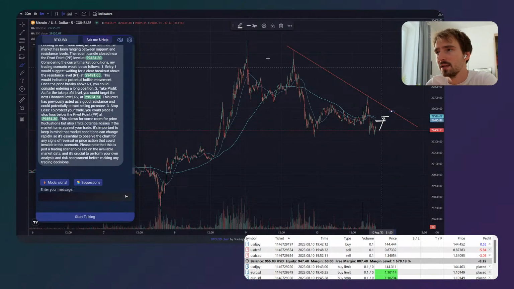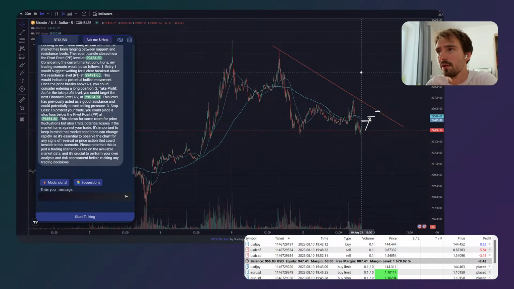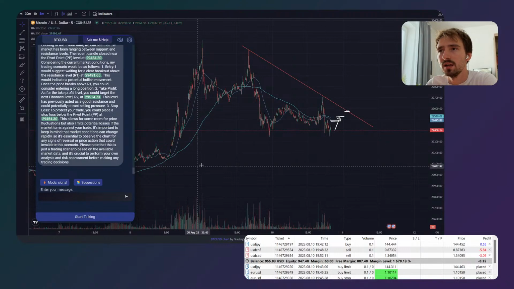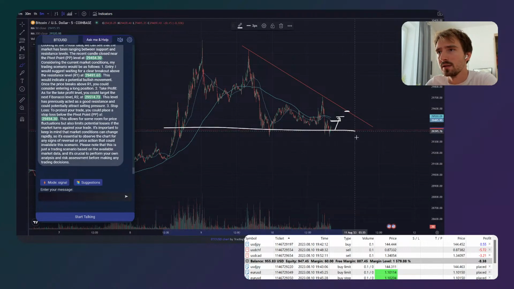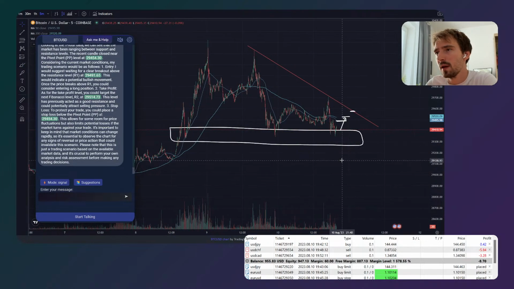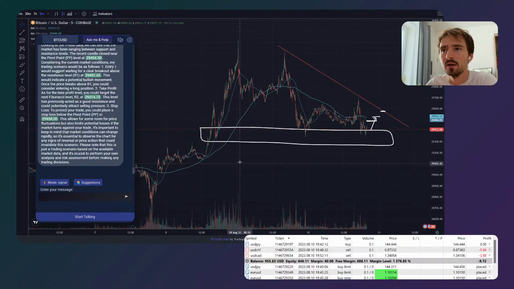If that makes any sense, that's a possible scenario which the AI is suggesting. It seems reasonable. Seems like there is some support zone over here. We've got multiple retests over here, which didn't break below. So yeah, I think it's a reasonable idea.